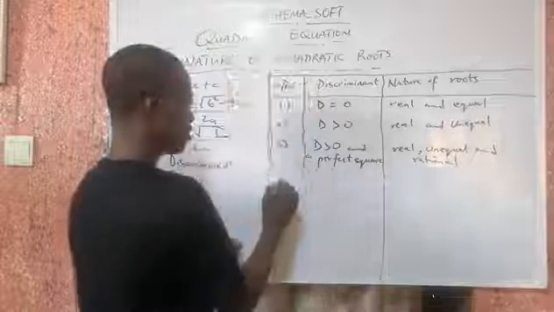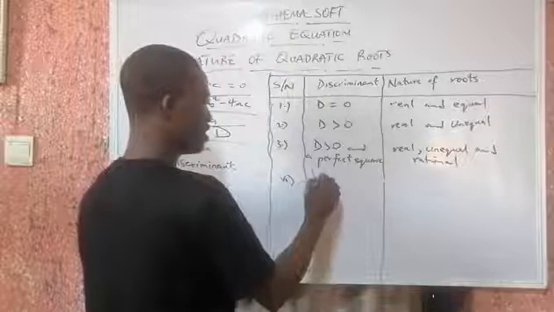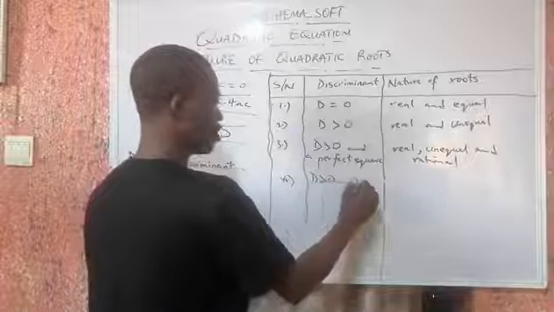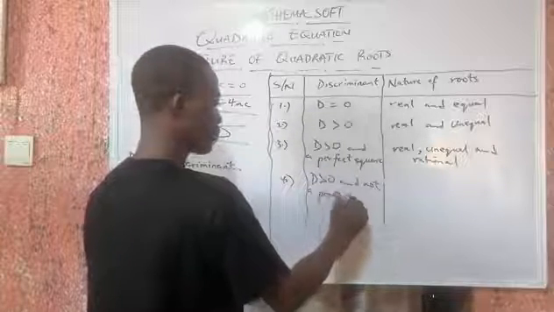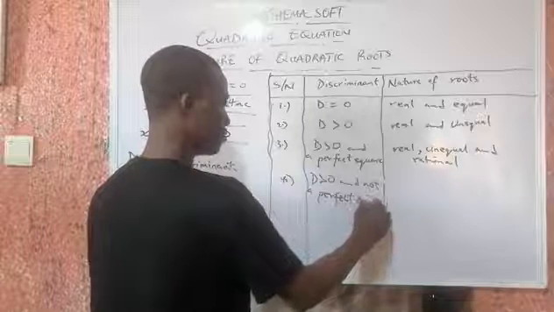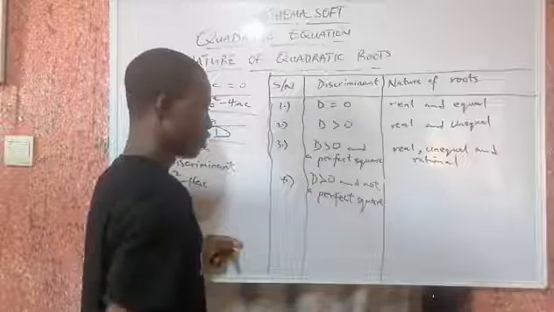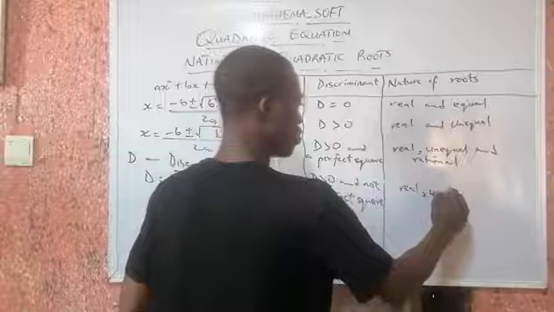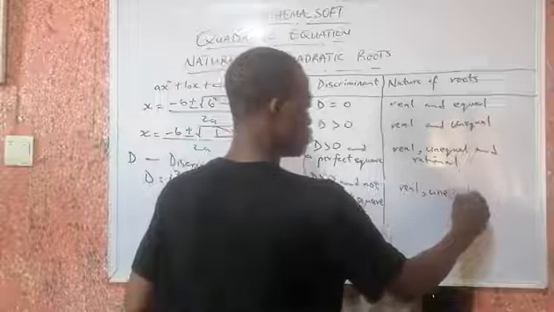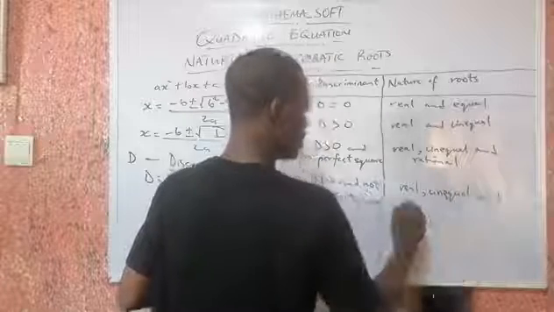Number four, D greater than 0 and not a perfect square: real roots, unequal, and irrational.